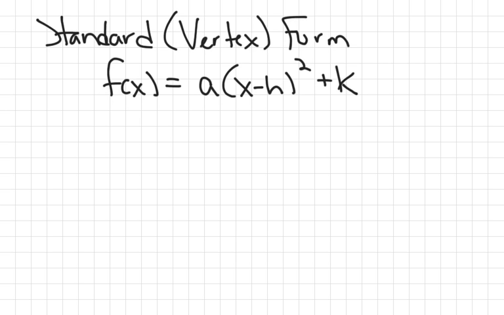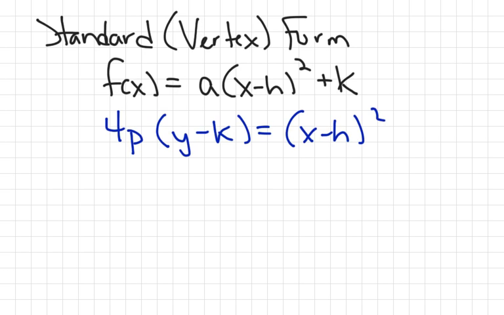And this actually looks very similar to the parabola equation that we used when we did conics. This is one of the two equations. And the vertex of our equation is going to be at (h, k).